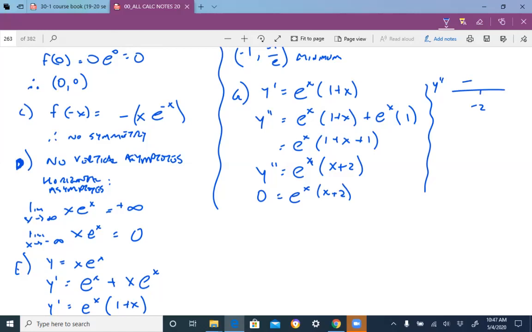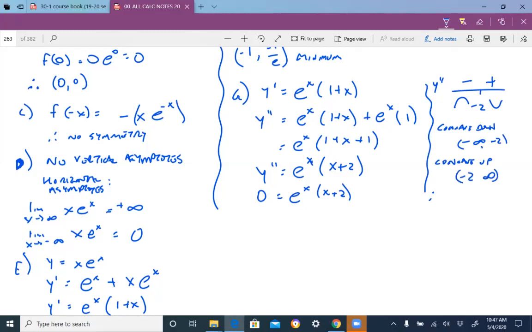When x is greater than negative 2, this ends up being positive. So this is concave down, and this is concave up. Concave down, negative infinity to negative 2. Concave up from negative 2 to infinity.